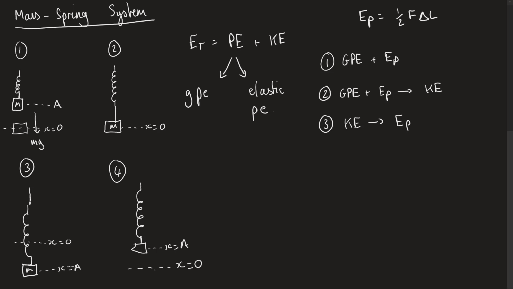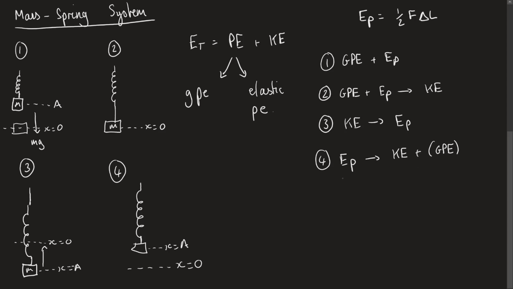Now we know that what's going to happen in 4 is that to move up just to x equals 0, the elastic potential energy is converting into kinetic energy and some gravitational potential energy because you're rising, and this is why at the center here the total energy is going to be the sum of kinetic energy and gravitational potential energy when x equals 0.